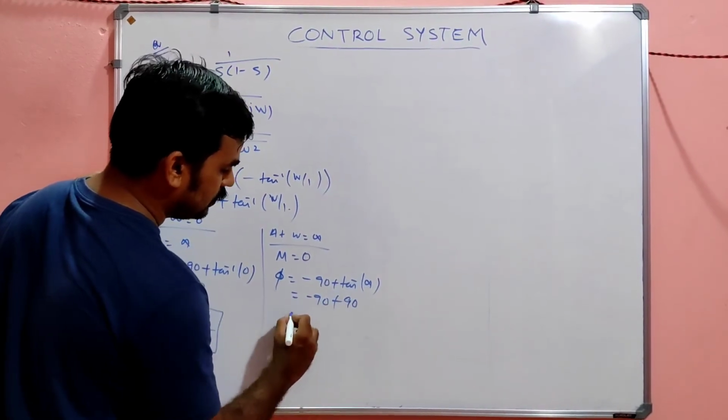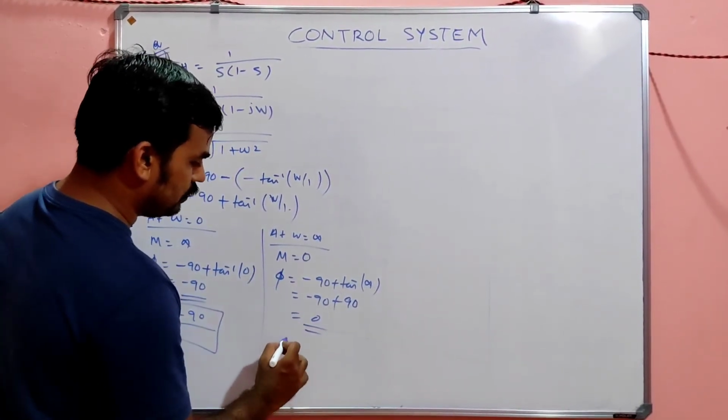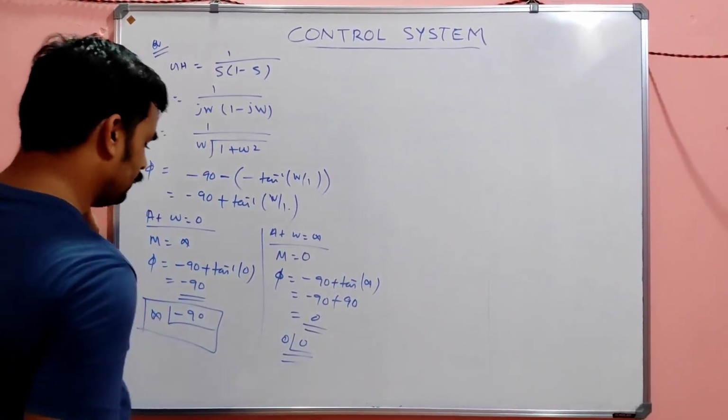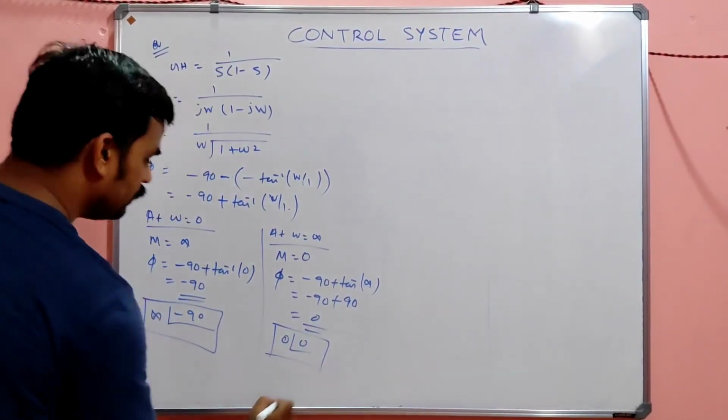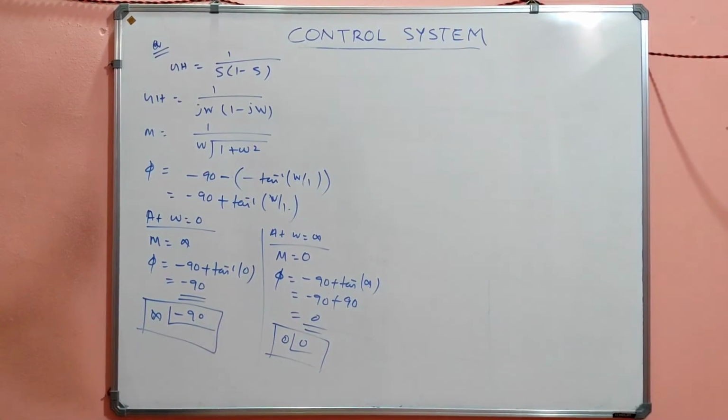So the angle will be 0. So magnitude 0, angle 0. Correct.